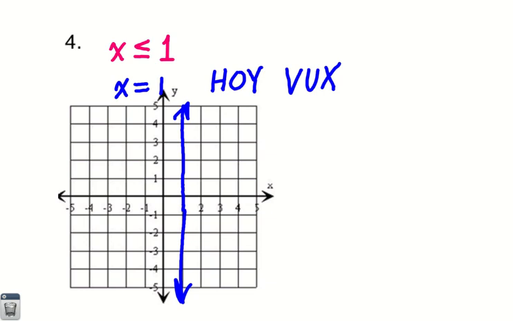Now, the foreshadowing comes into play. We want to shade above or below, but it's a vertical line. It's perfectly vertical. Which side is above and which side is below? So this is the only situation where there really is no quote-unquote above and below.